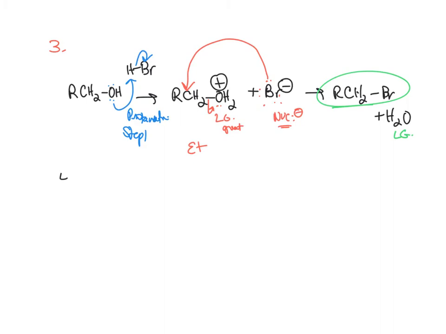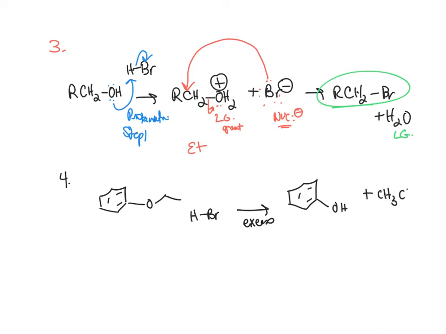Okay, number 4, the reaction of phenyl ethyl ether with HBr, and they said excess. Okay, and they give you the product. What are the functional groups of the two products that are formed?